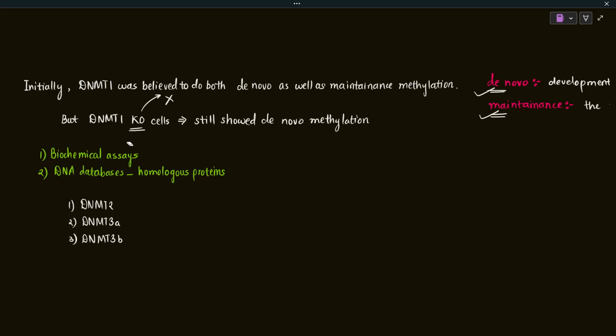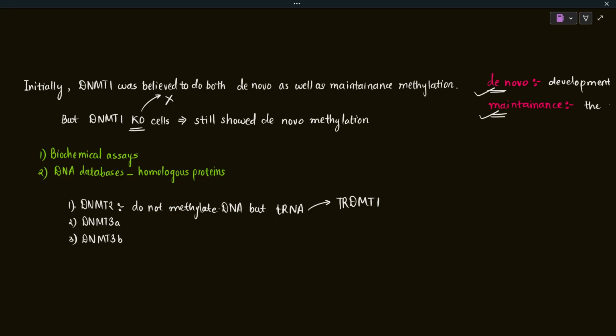Okay, so at first, due to its sequence similarity, DNMT2 was thought to also be a DNA methyltransferase. But later on, it was discovered that it does not methylate DNA, but it methylates tRNA. And that's why it was renamed, and it is now named TRDMT1. So DNMT2 is not a DNA methyltransferase, but it methylates tRNA.